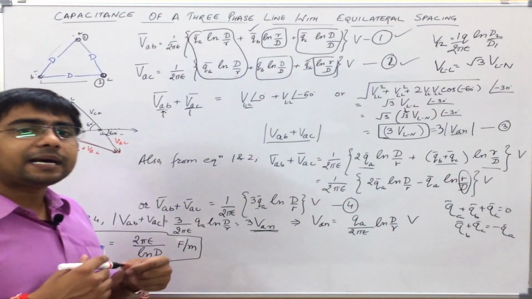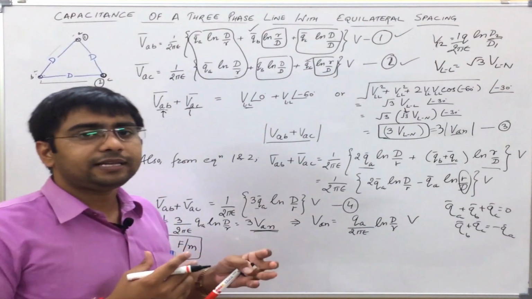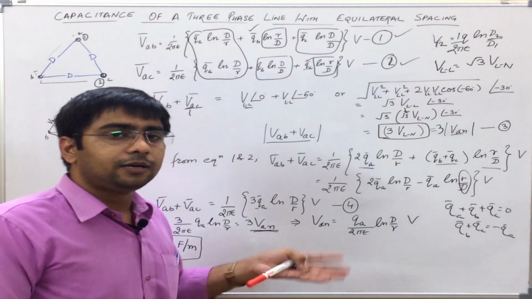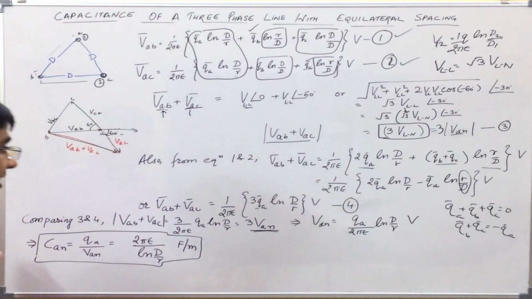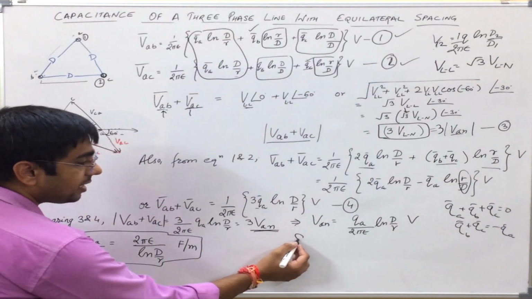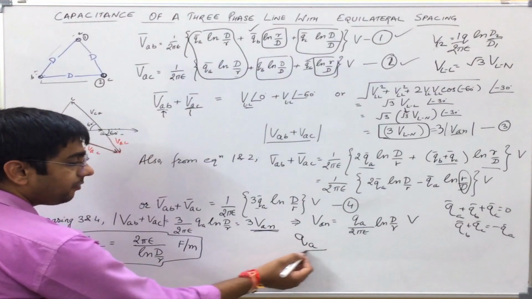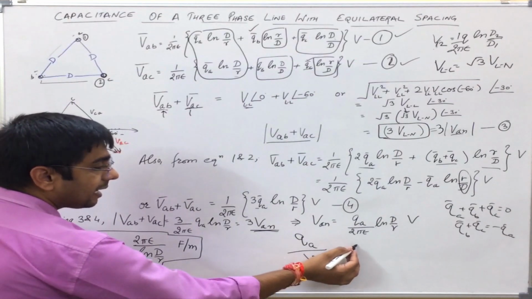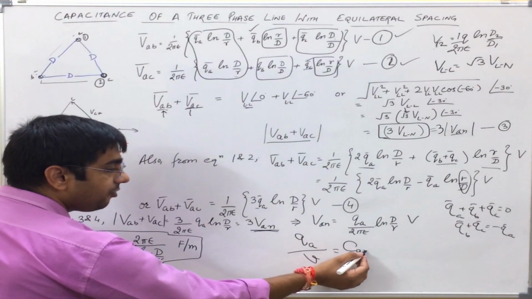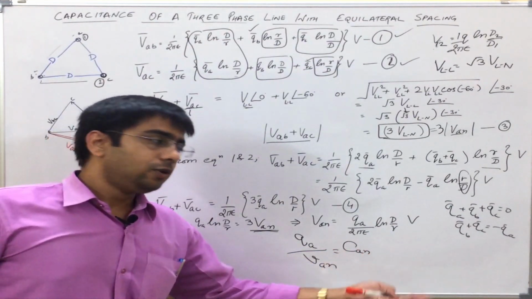Now to find the capacitance, what do we need to do? We simply need to divide the charge per unit length by the voltage which we have derived just now. So if I divide the charge on conductor A per unit length by the voltage between phase A and neutral, I will get the capacitance of phase A with respect to neutral, that is, I will get per phase values.